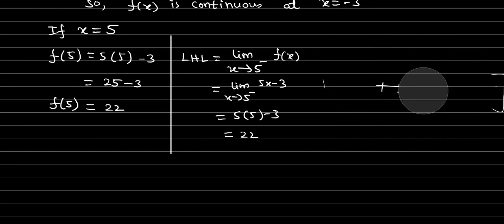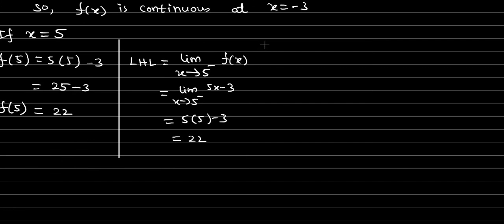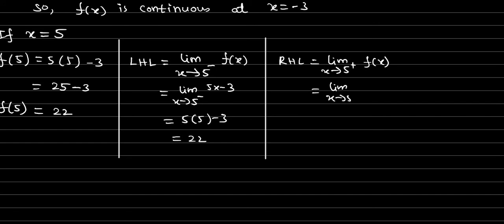Same way for the right-hand side. On the right-hand side also we have infinite close values of 5, and all these very close values are approximately equal to 5. So in place of x we substitute 5 itself. Right-hand limit, x approaching 5 from the right side. What is the given function? 5x minus 3.